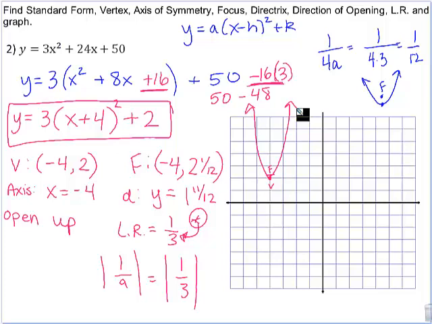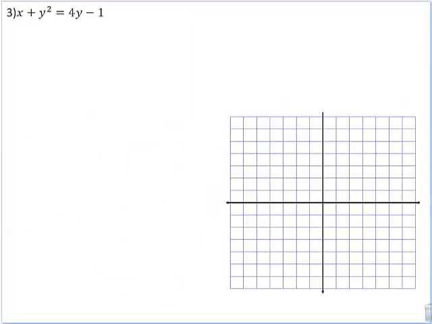So we have to see what happens if we open up left and right. This equation, x plus y squared equals 4y minus 1.